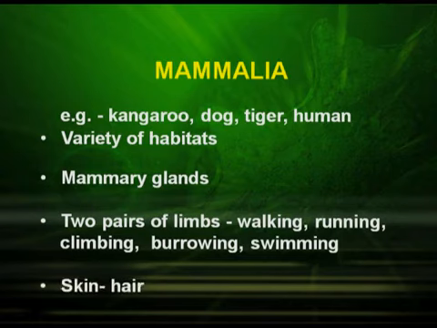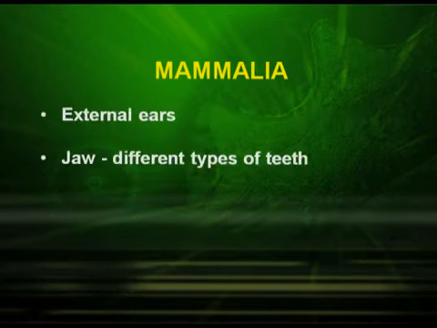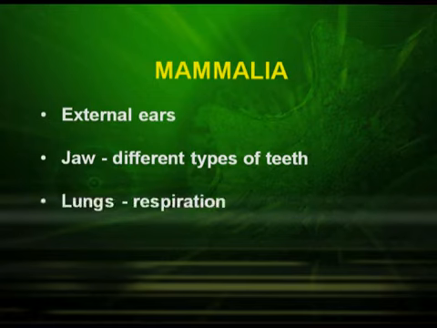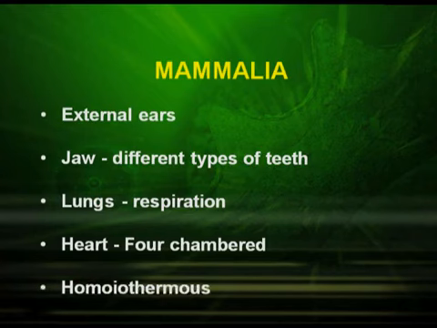Skin is covered by hairs and they have external ears. Presence of jaw, and these jaws have different types of teeth. Respiration is carried out by lungs and the heart is 4 chambered. They are warm blooded animals.